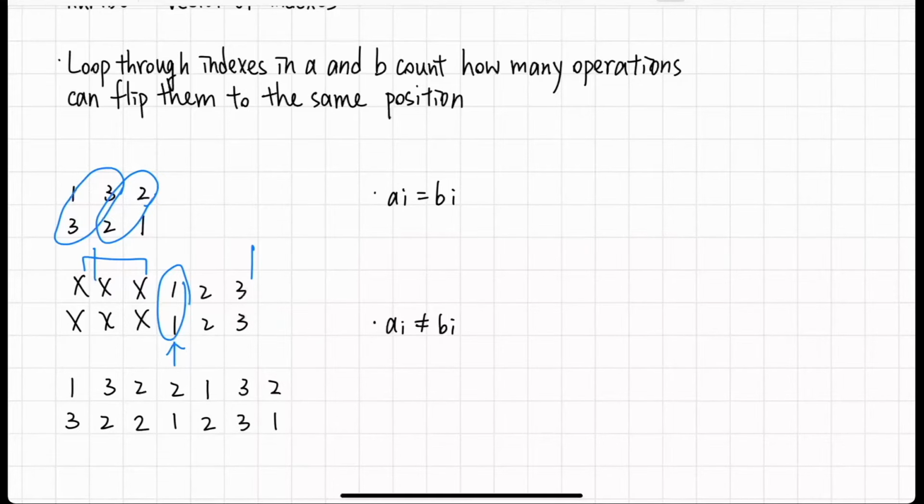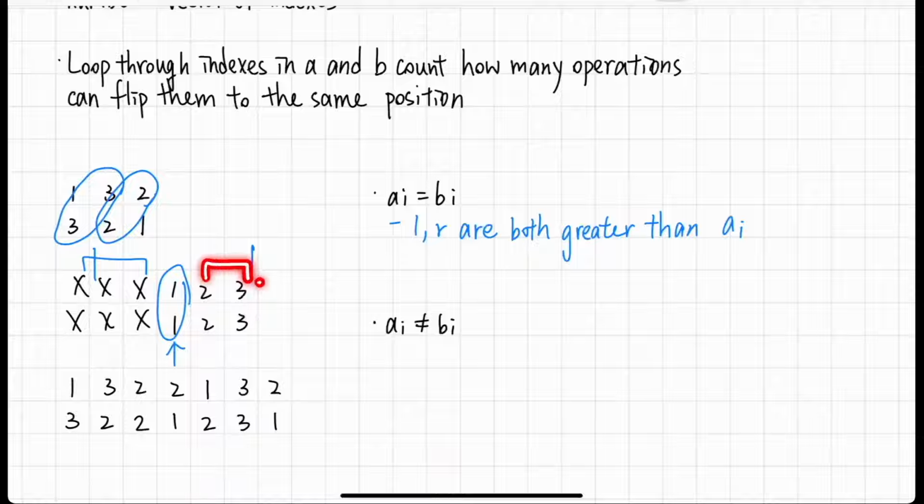So we realized that we can loop through the indexes that we stored in A and B, and for the case when AI is equal to BI, we can count the operations when L and R are both greater than AI. This is the case when the flips are just here. The flip only moves numbers around in this region, so it wouldn't affect this number.